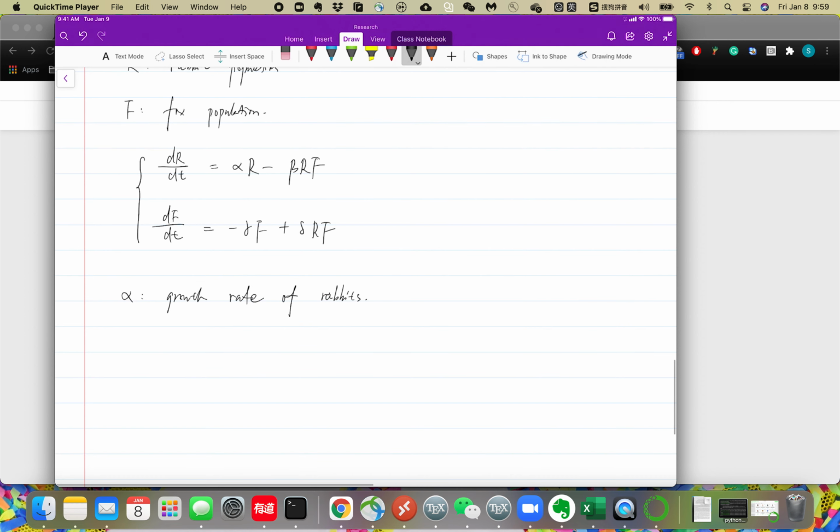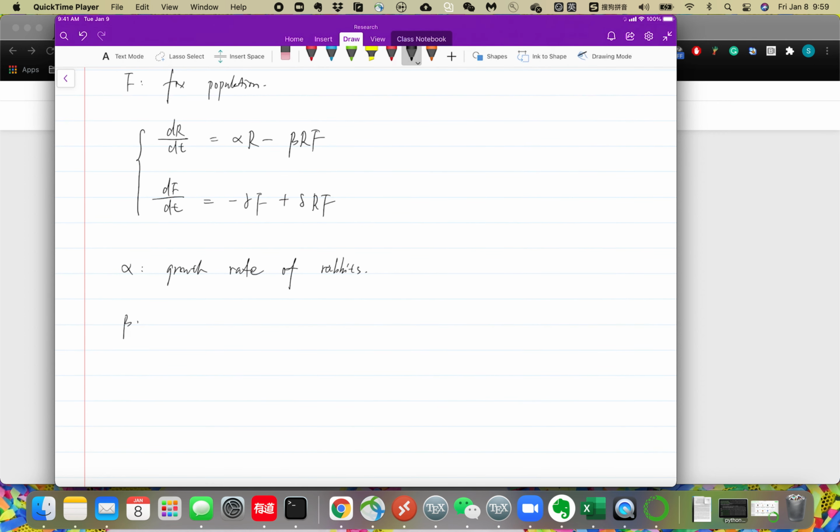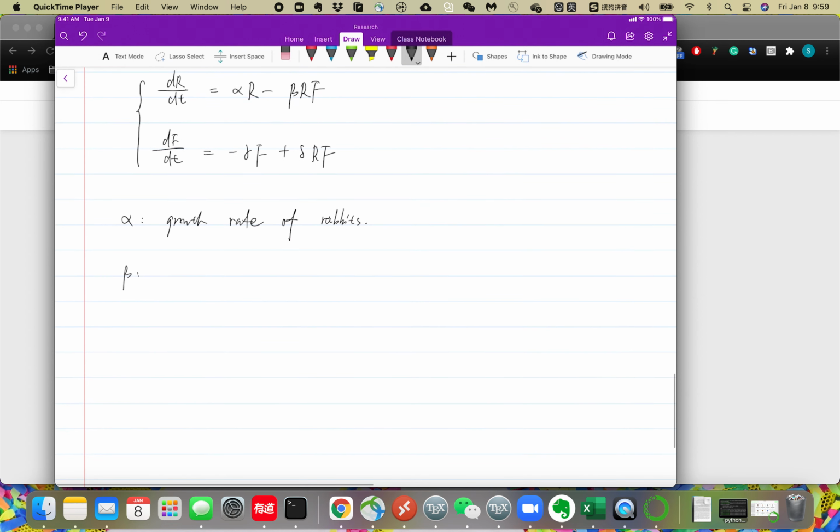So it's exponential growth. But then you have to adjust by how fast the rabbit is dying because they were captured by the fox. So R times F simply says the more fox, the faster, and the more rabbit, the faster that the fox can capture a rabbit, because you basically increase the density of both species in a certain area. So beta is basically the capture. That's due to capture.